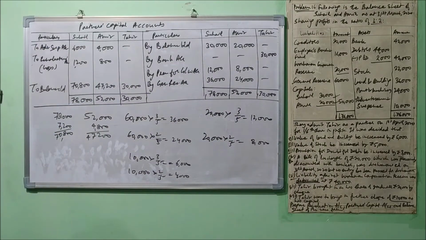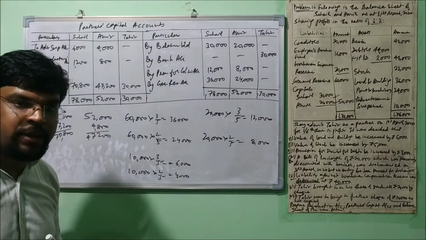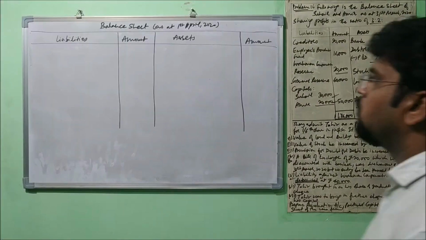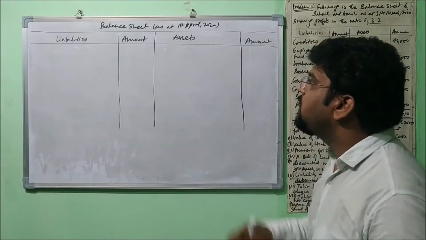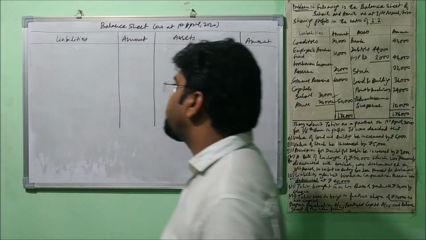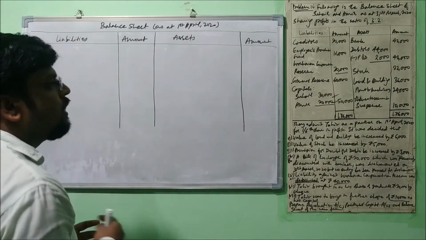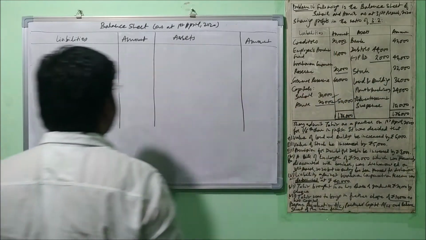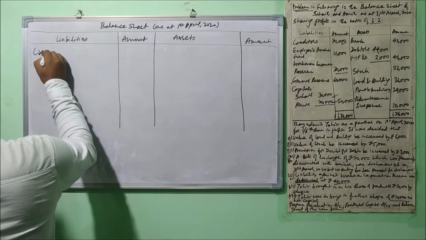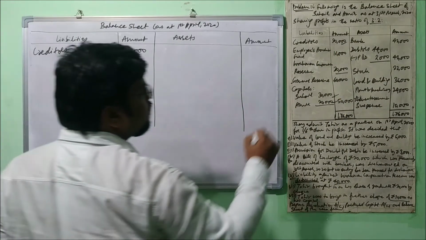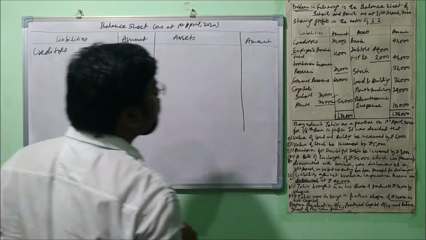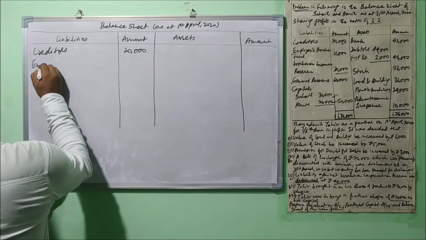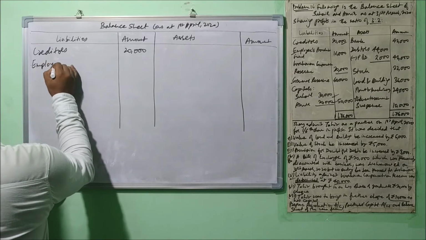This point is remaining that will be utilized at the time of the balance sheet. I'll be explaining it. So now it's time to prepare the balance sheet. This is the format of the balance sheet as at 1st April 2020, liability side and asset side. Let's put the values here. No change was there in the creditors, so creditors will be here as it is. Similarly, there was no change in this employees provident fund. It will also be placed here as it is.